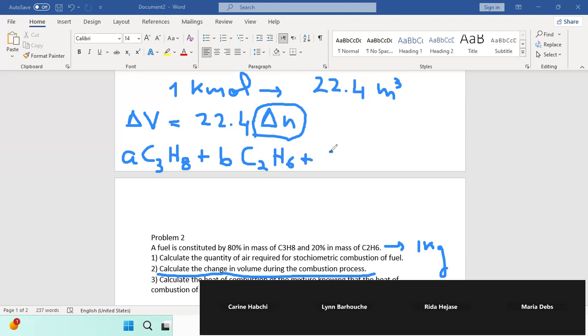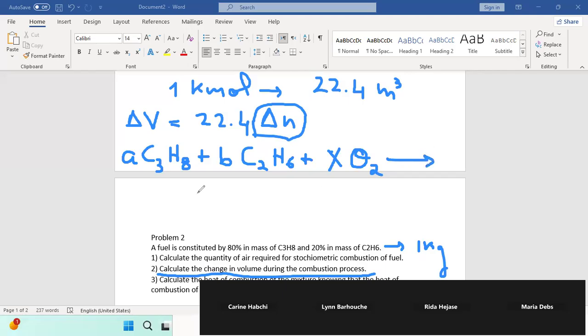Now we'll derive it together again. We can call it X if you want. We can calculate the number of kilomole X of O2 required.